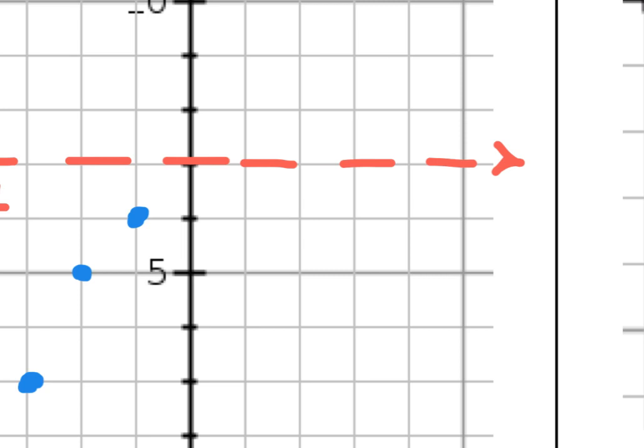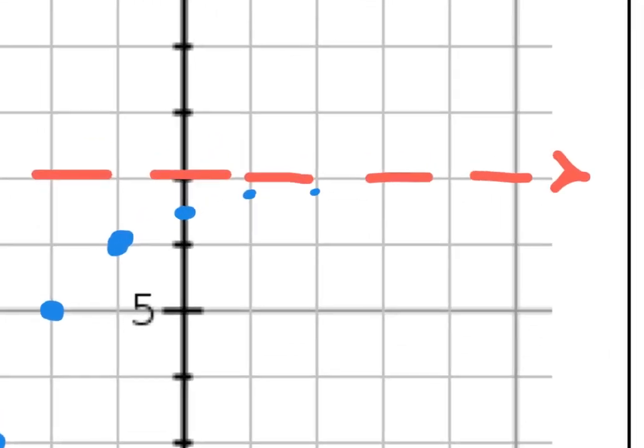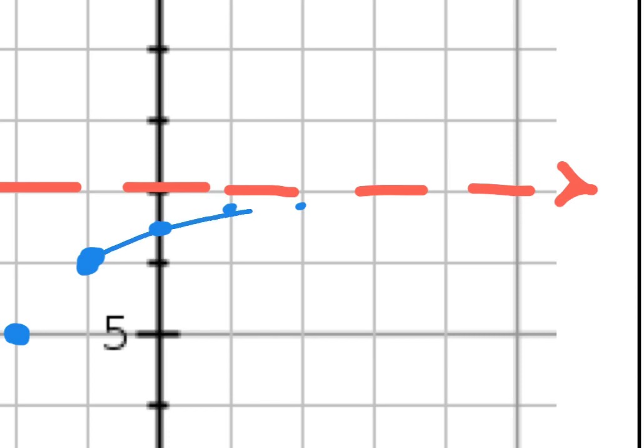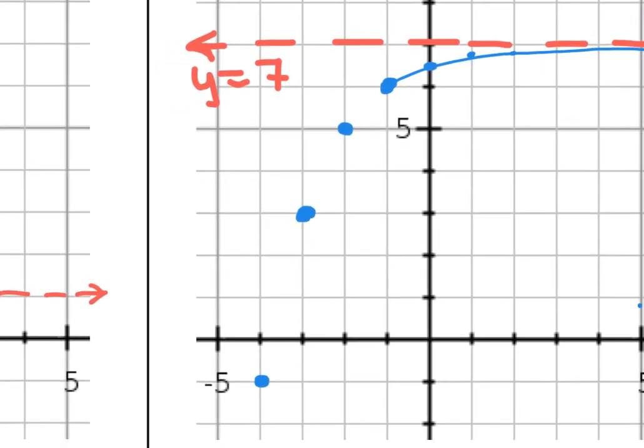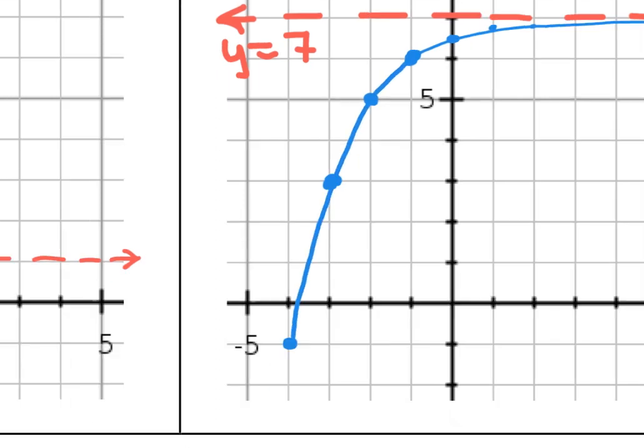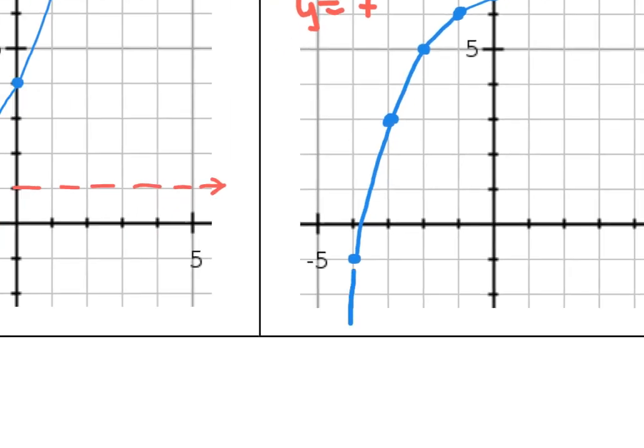So at 0, it's 6.5, and it keeps getting closer to the asymptote like that. So when you draw that, draw yourself a nice smooth curve that doesn't quite touch the asymptote. And let's see if I can make a nice smooth curve here. Oh, look at that. I'm almost satisfied with that graph.